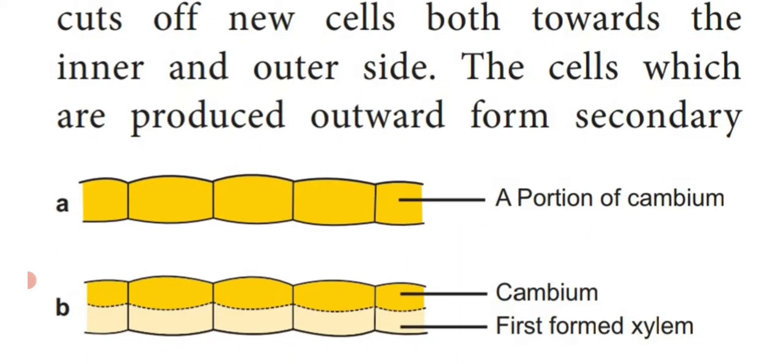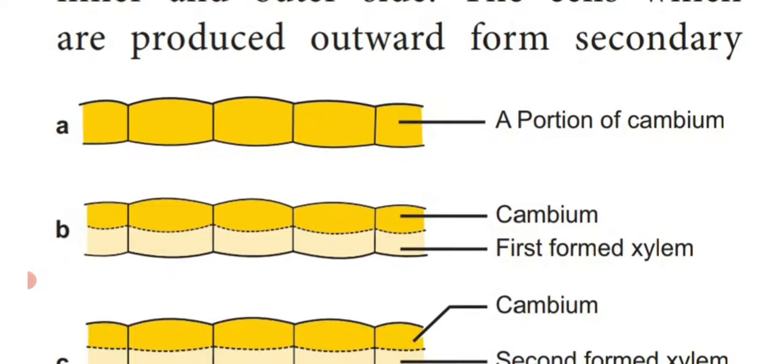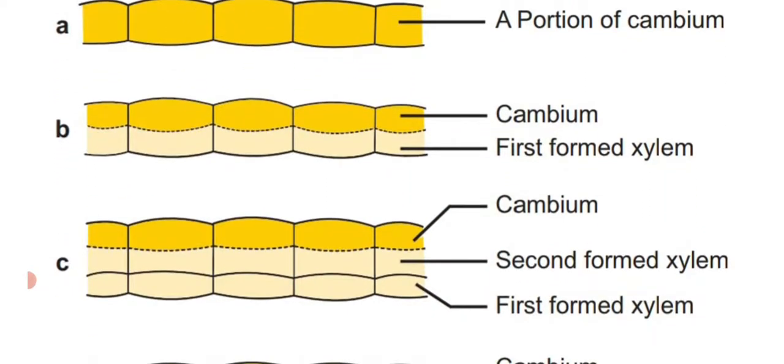See the diagram. This is the portion of a cambial cell. See the second diagram: this cambial cell cuts off and forms a layer on the inner side, then it also produces a layer on the outer side. The layer produced on the inner side is known as first formed xylem.